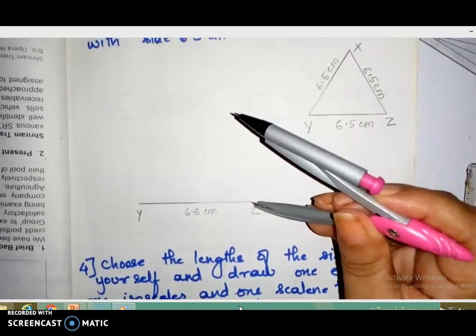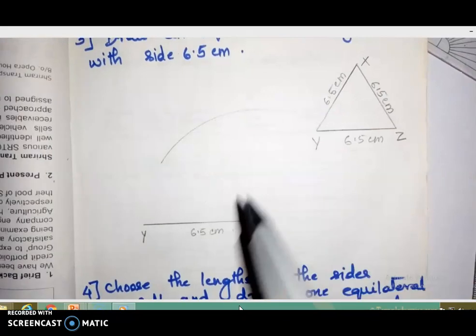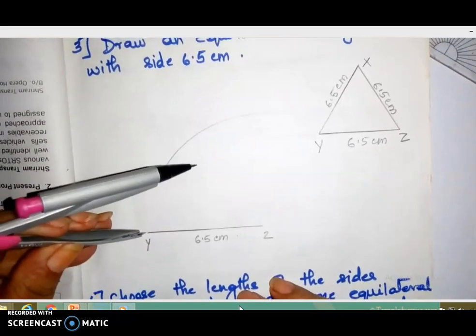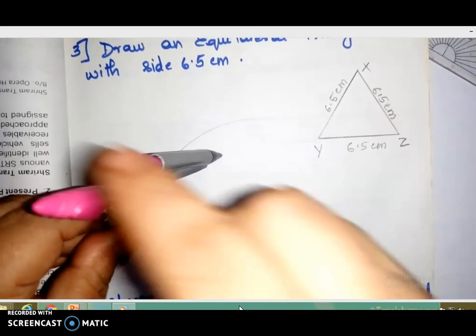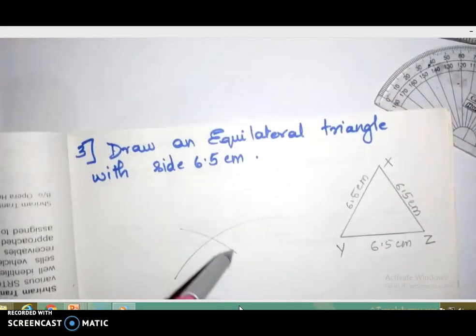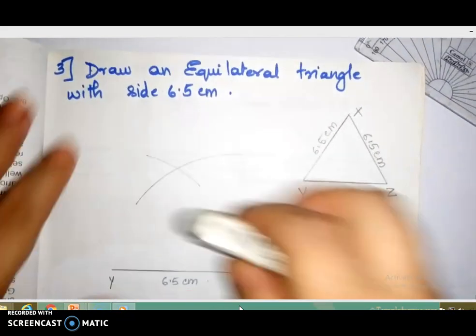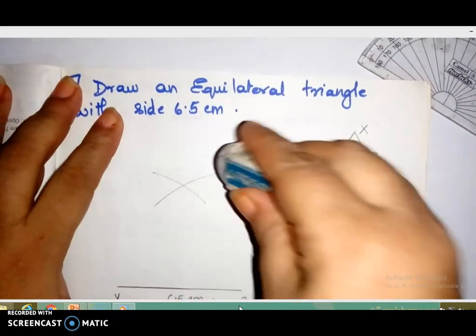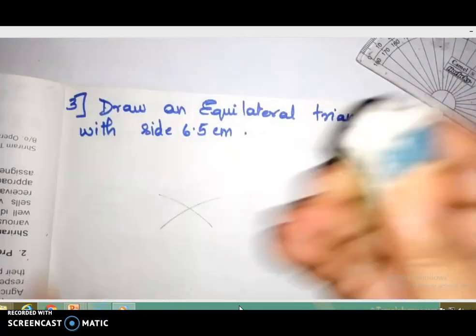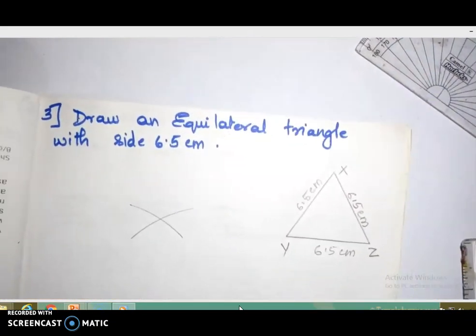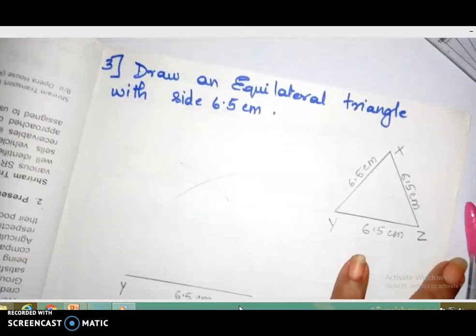And keeping it at Z, one arc, and then keeping it at Y. And now we can join these.